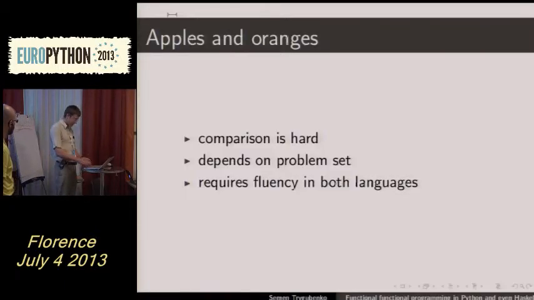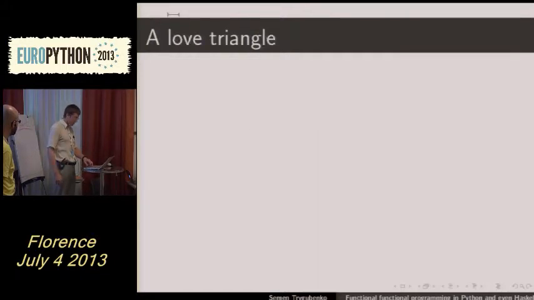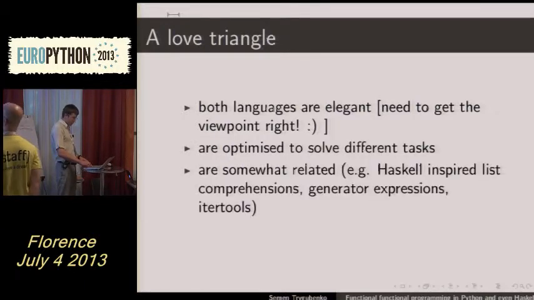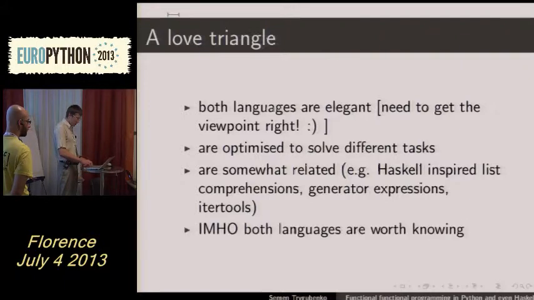With that said, I'll try to do my best to compare and contrast Python and Haskell throughout this talk. You need to get your viewpoint right to assess how well a particular language is suited to solve a problem. And they're actually somewhat related because Haskell inspired list comprehensions, generator expressions, and the Itertools module.